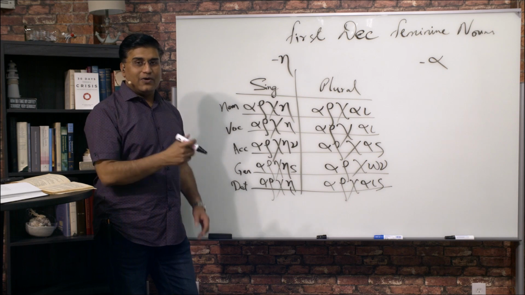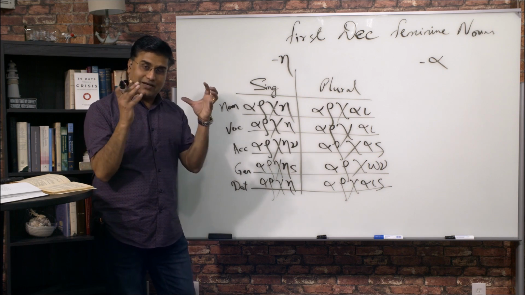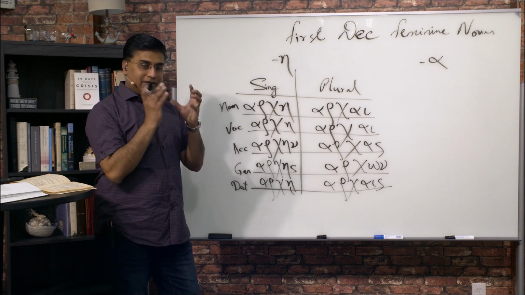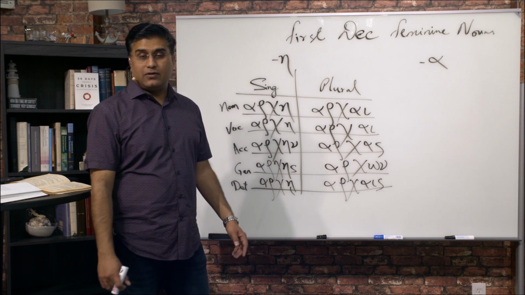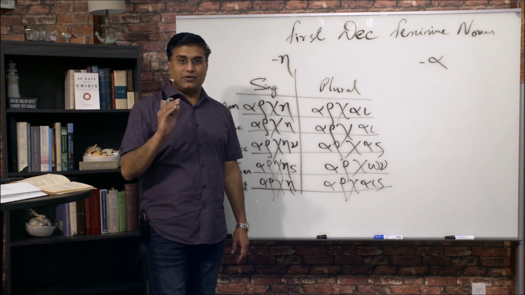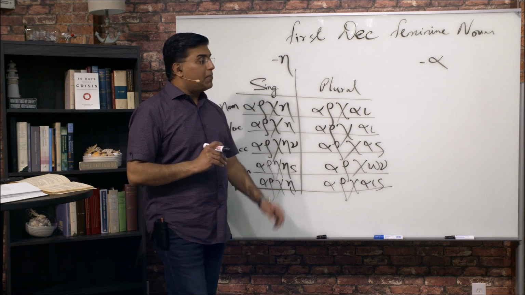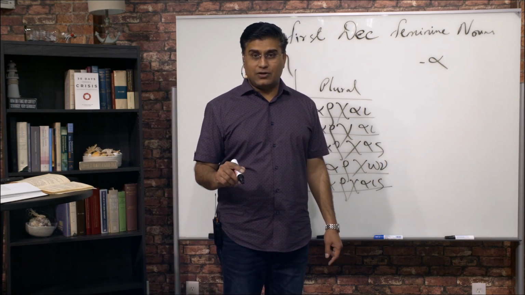But that's how it's been inflected, and it contains that entire meaning in just that one simple word. So there you have the declension of the eta ending, first declension, feminine noun. But now let's look at the alpha ending of the first declension, feminine noun.